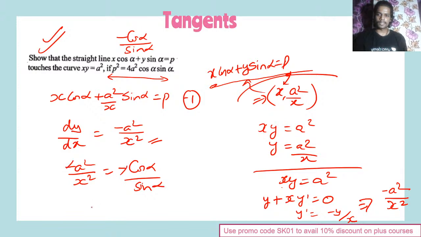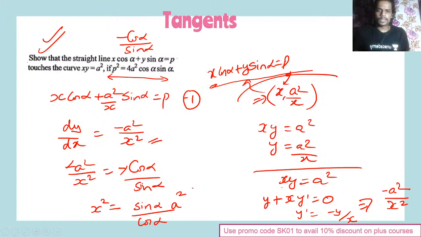You will see that x square is equal to sin alpha by cos alpha a square. This is x square. You have to understand, this is x square. Now what will be x?